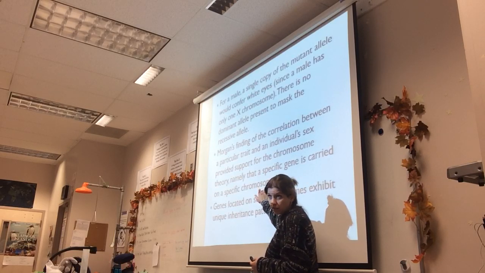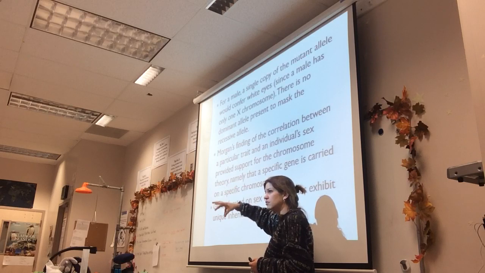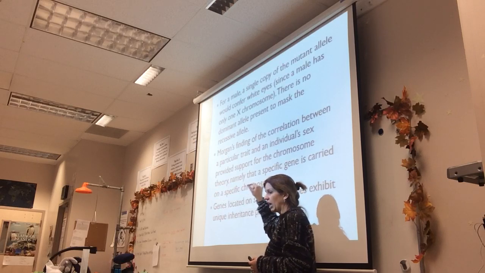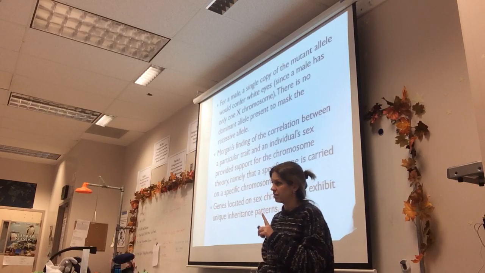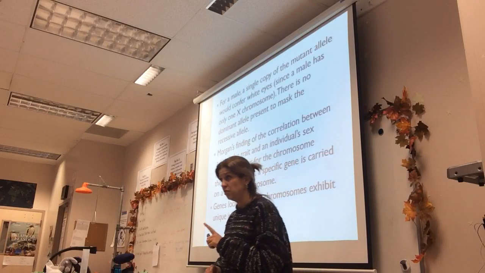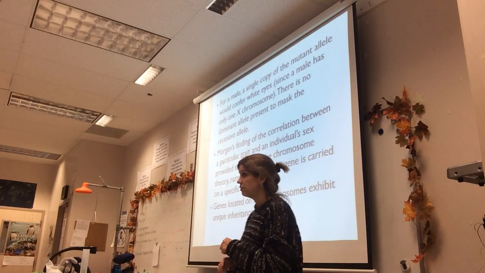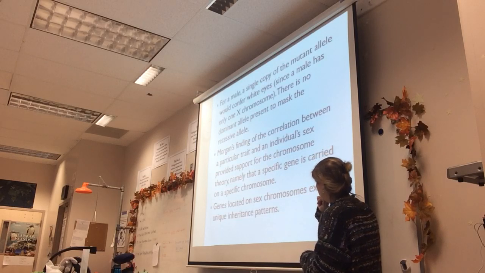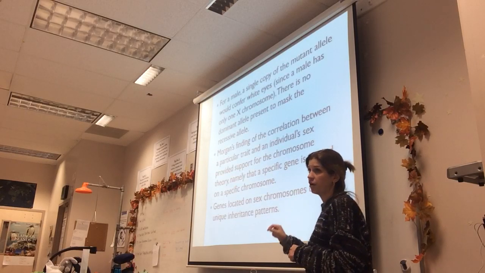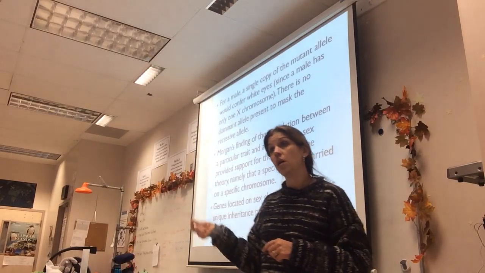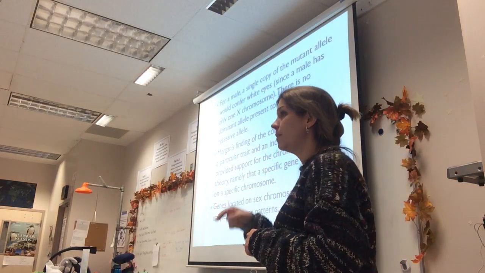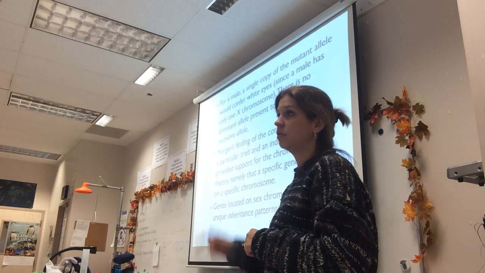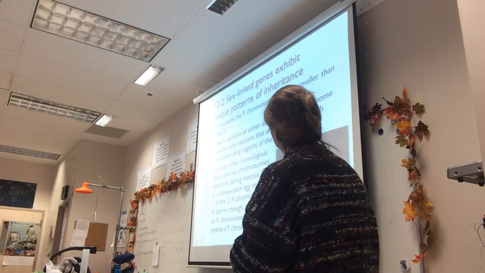Mendel told us that all of these things are moving around independent of each other, and Morgan said, not so fast. Sometimes they do move around together. Genes located on sex chromosomes exhibit very different inheritance patterns than the ones on autosomes, simply because in males, they only have one copy of that X.